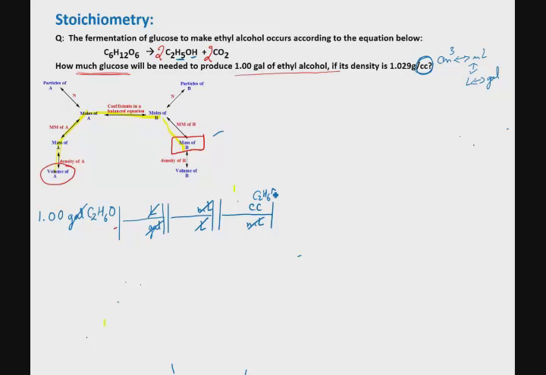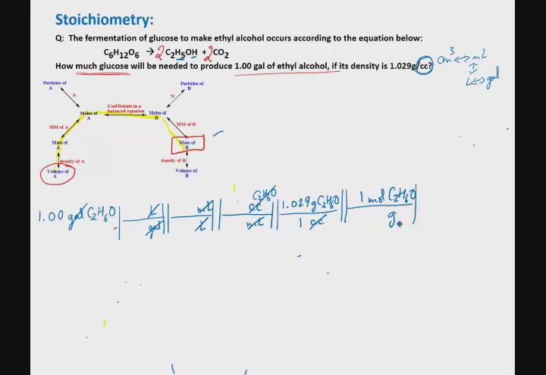Now that we have volume of ethyl alcohol in cc's, we can now use density of ethyl alcohol that is given, that says 1.029 grams of ethyl alcohol for every 1 cc. cc crosses out. And now we have grams of ethyl alcohol, which can be converted into moles of ethyl alcohol.